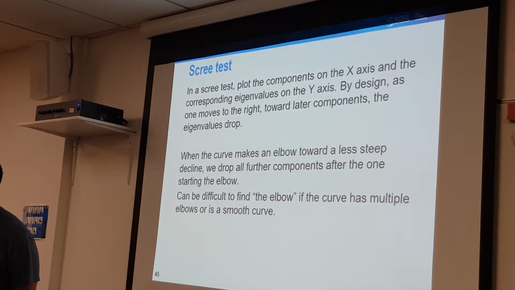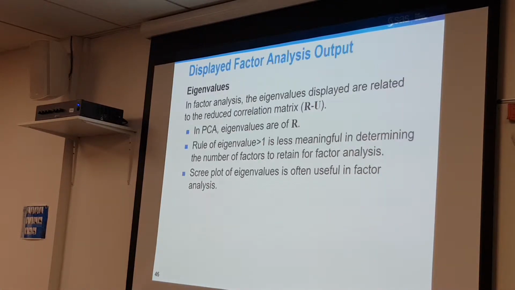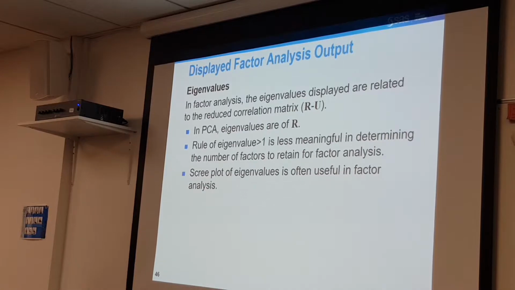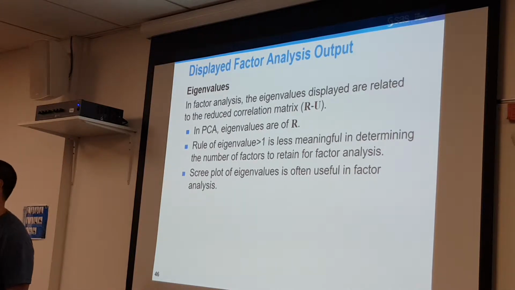Scree tests we've already talked about. This is just in your notes. You're plotting your components and the corresponding eigenvalues, and you're looking for an elbow in the plot. In a factor analysis, your scree plot can look a little bit funky because you can have negative eigenvalues.